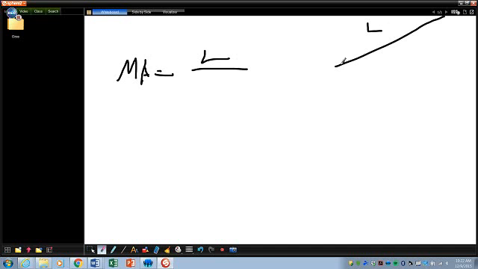Next one. So we got this inclined plane right here. The height is 6.4 feet and the length is 26.5 feet. If you remember, the mechanical advantage of an inclined plane is basically the length, the travel length, over the height.